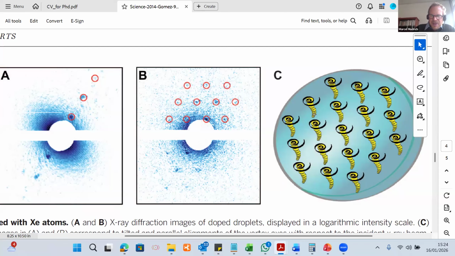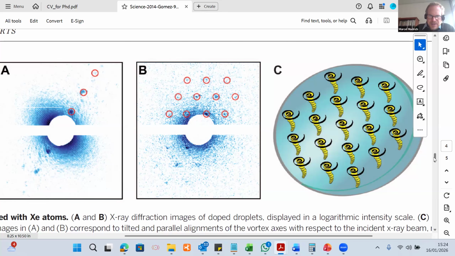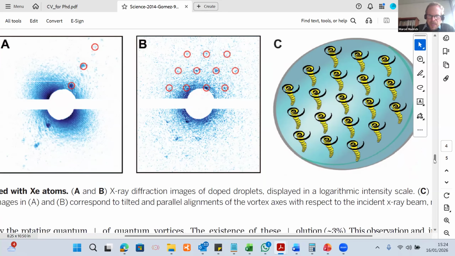So here the xenon atoms arrange themselves like pearls along a chain of pearls. Since they have such a higher scattering cross-section, they acted as a contrast agent to make these vortex lines visible. Just the helium alone would not have enough contrast to see it.